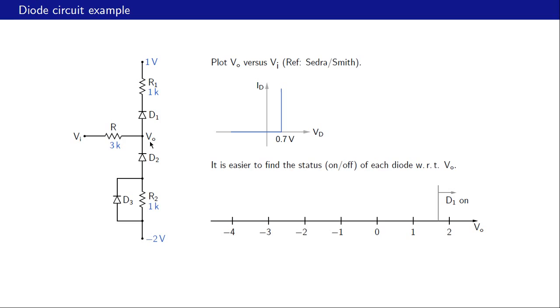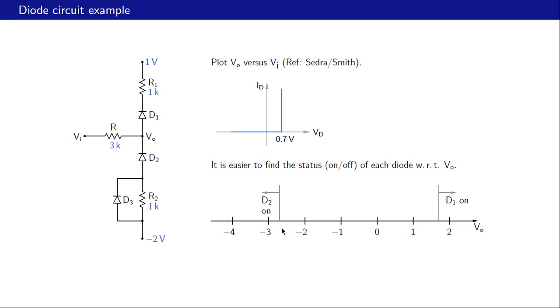And that would happen if VO is 0.7 volts lower than minus 2. So that means VO must be minus 2.7 volts. And any value of VO lower than minus 2.7 volts would also mean that D2 conducts. So that is indicated over here. This is minus 2.7 volts, and for VO less than minus 2.7 volts, D2 conducts.